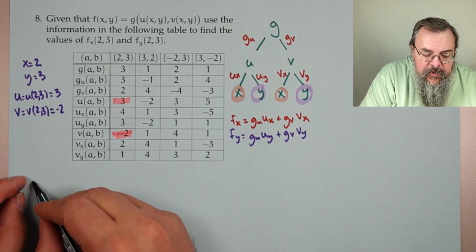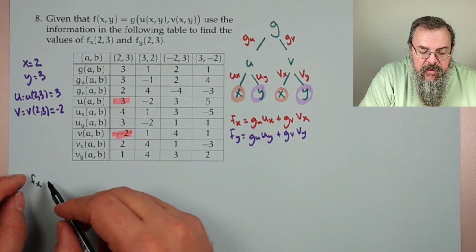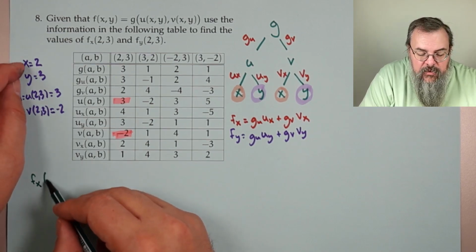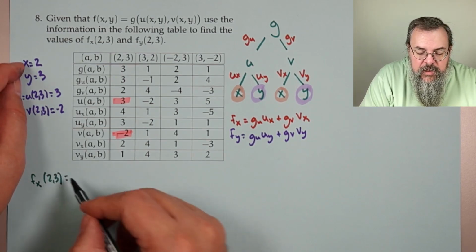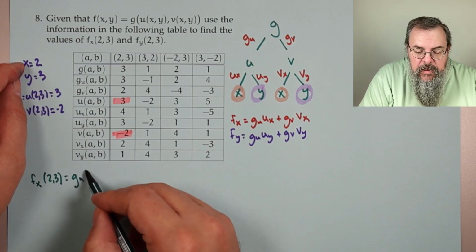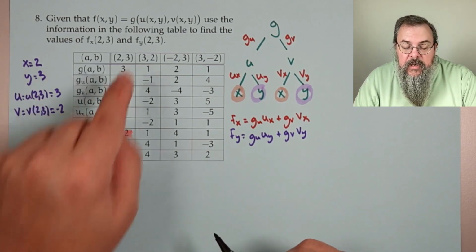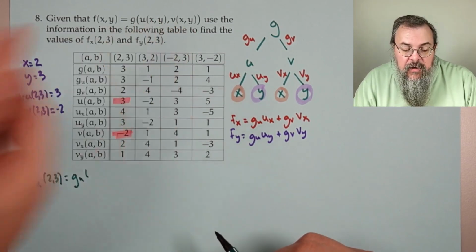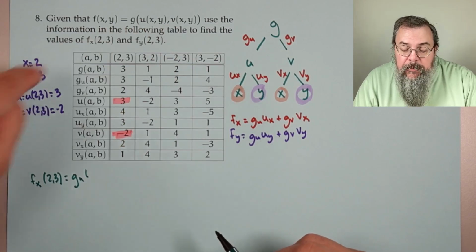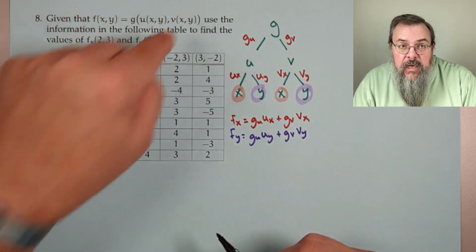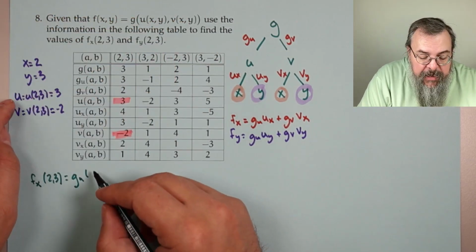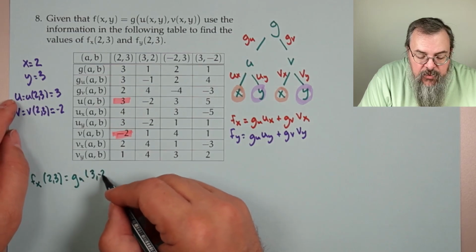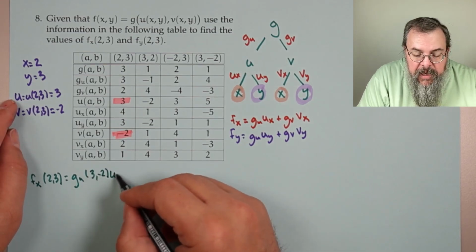It'll be f sub x at 2, 3 is g sub u. But now, notice what g is. G is a function of u, v. So we don't plug in the x, y, we plug in the u, v. So g sub u at 3, negative 2, u sub x.